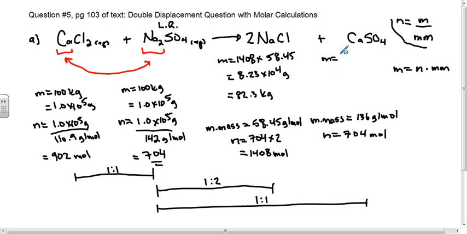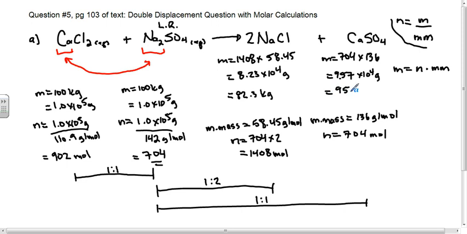For calcium sulfate, we take our number of moles, 704, multiplied by 136. And we get our answer there to be 95,700 grams. So that'd be 9.57 times 10 to the 4 grams in scientific notation.